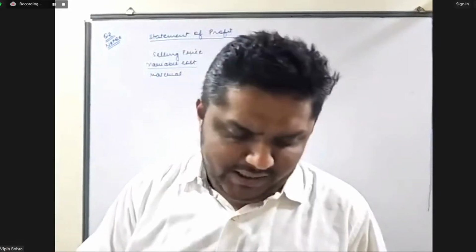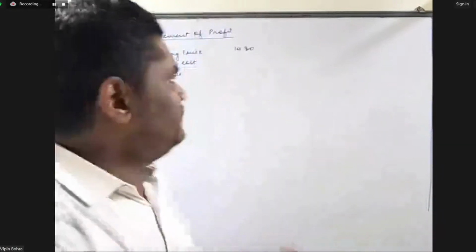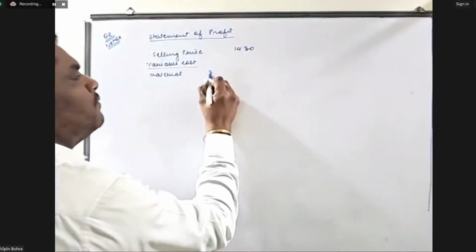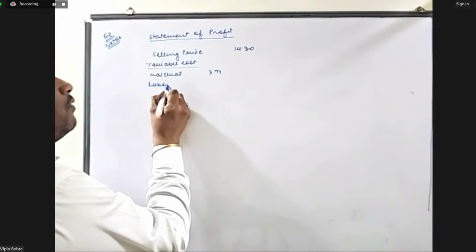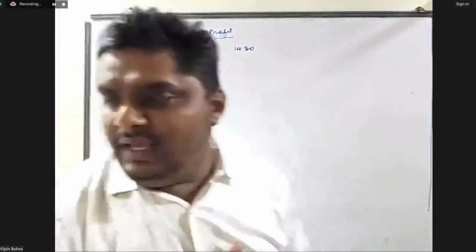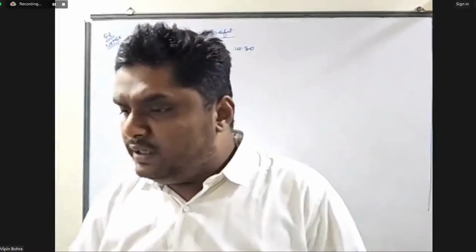Further, it is given that the direct labor and material cost will go up by 8% and 6% respectively. So 3.5 plus 6%. This will be 3.71. When talking about the labor cost also, it is given that it will be increased by 8%. So 1.25 plus 8%.